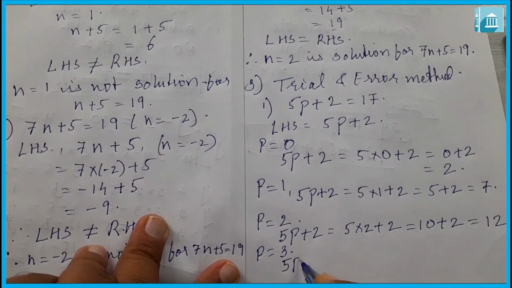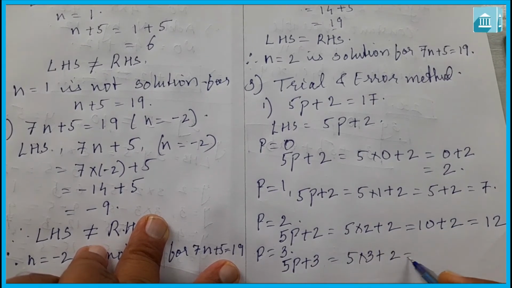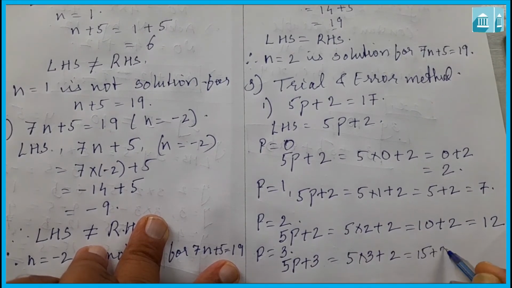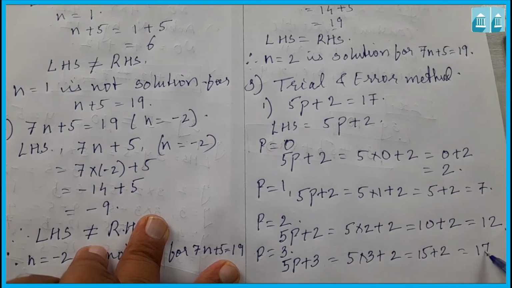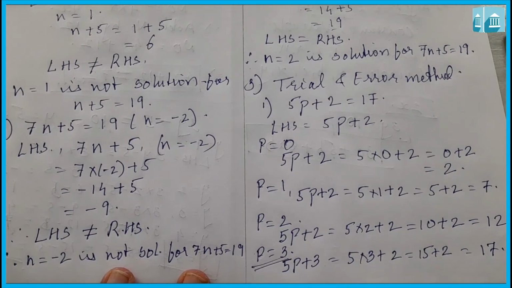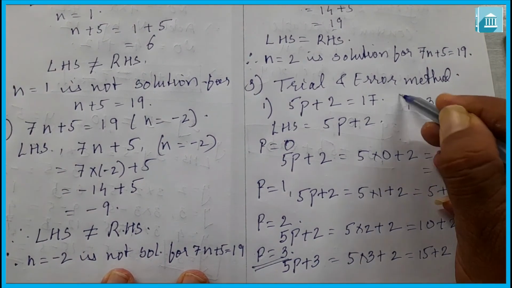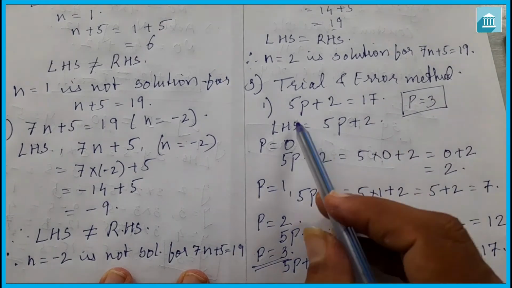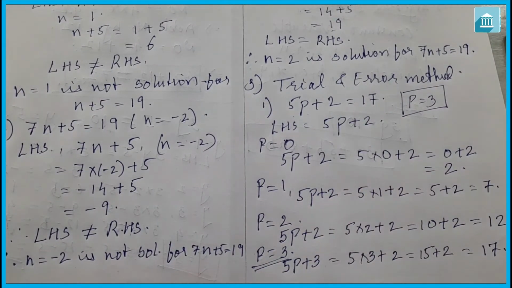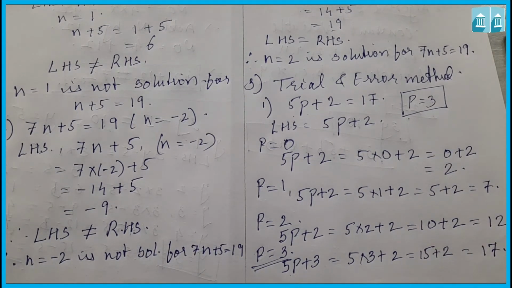So 5p plus 2 is equal to 5 into 3 plus 2, which is 15 plus 2 equal to 17. So when p is equal to 3, the equation 5p plus 2 is equal to 17 is satisfied. So the solution is p is equal to 3.